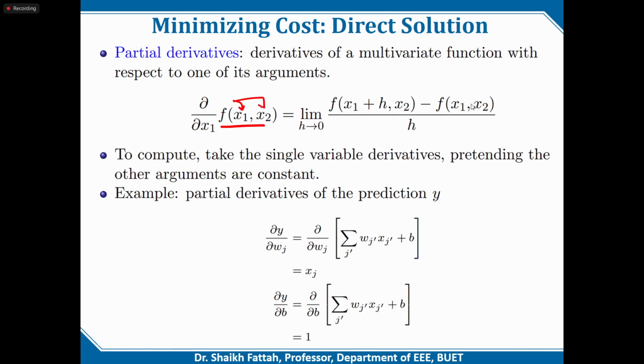For example, here the dependent variables are x1 and x2. To make this function minimum, the derivatives of this multivariate function with respect to its corresponding dependent variables must be 0.